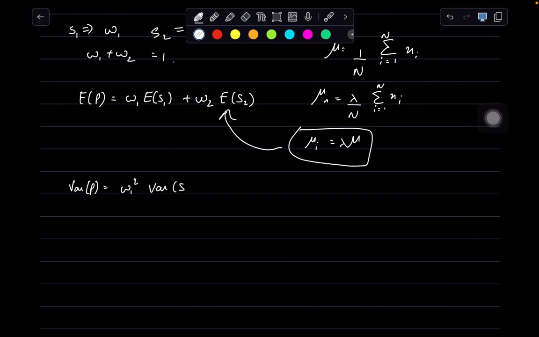So yeah, plus W2 squared variance of S2 plus 2 W1 W2 covariance of S1 comma S2. So this is the equation for the variance and the equation for the expectation value of this particular portfolio.